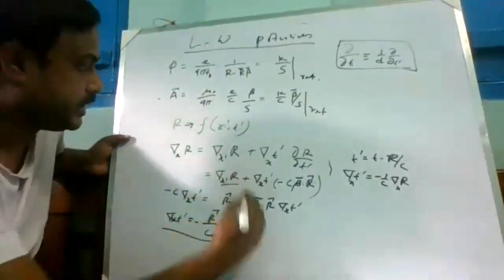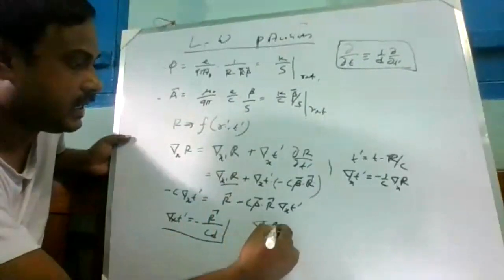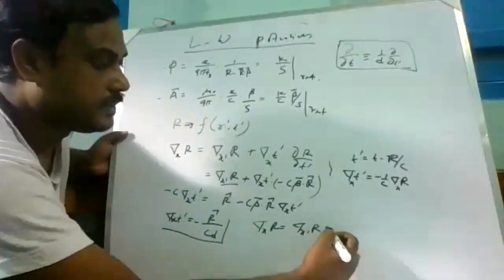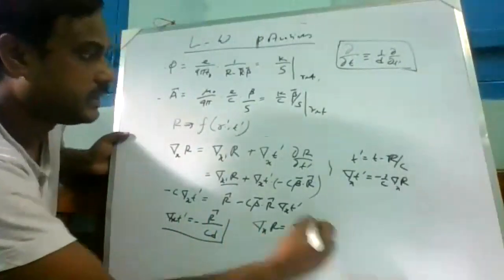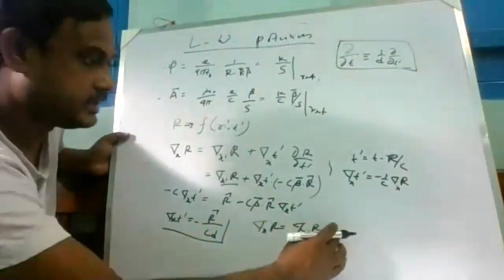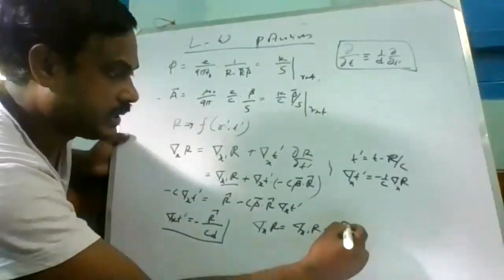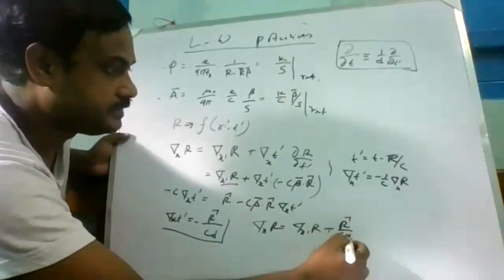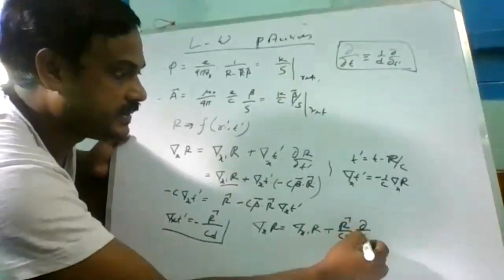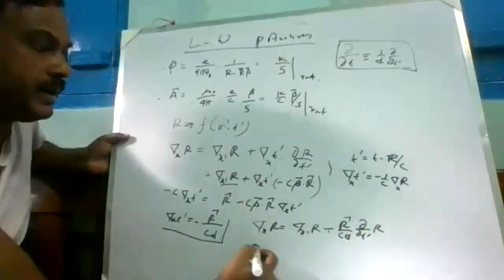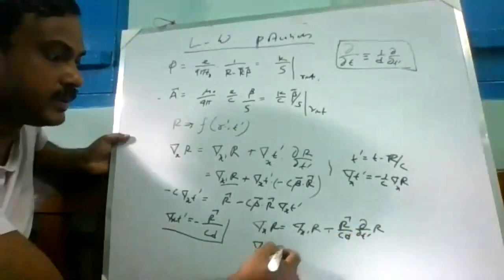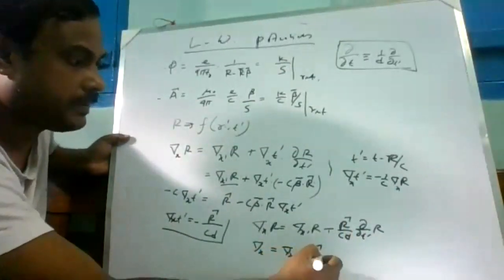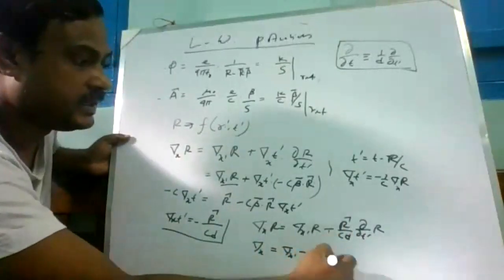Del X R equals del X dash R plus del X T dash, which we write here as minus R cap by CD del T dash of R. So in operator form, del X will be equal to del X dash minus R cap by CD del T dash.